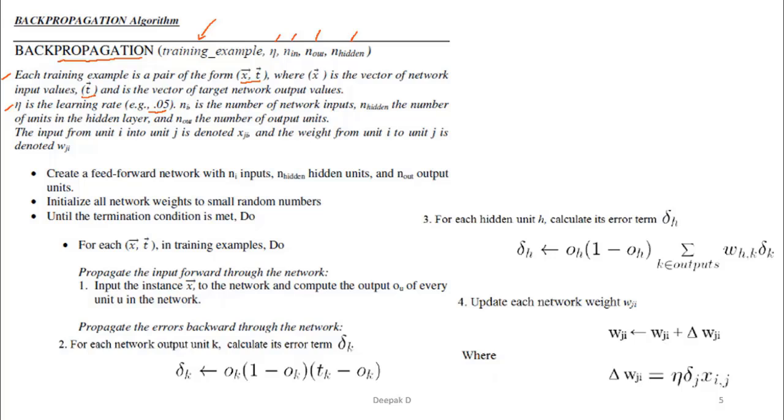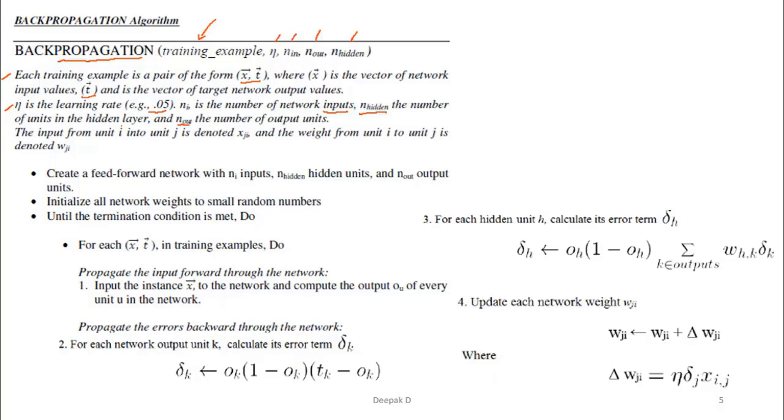n in is the number of network inputs, n hidden is the number of units in the hidden layer, and n out is the number of output units.